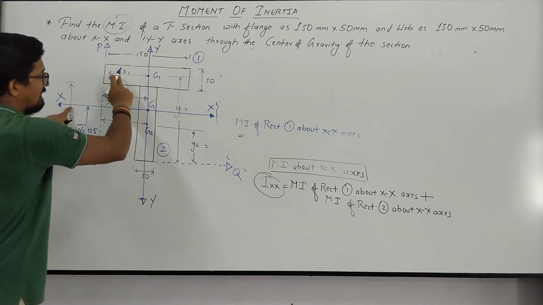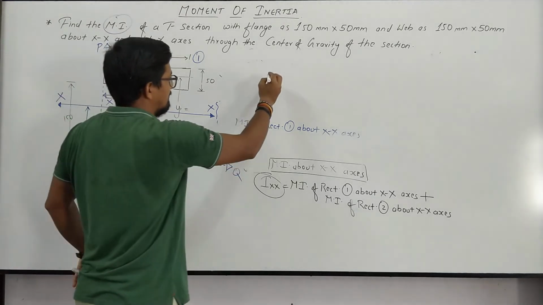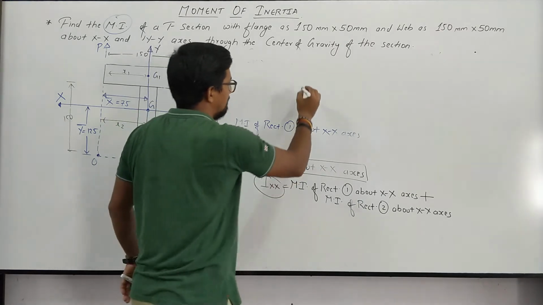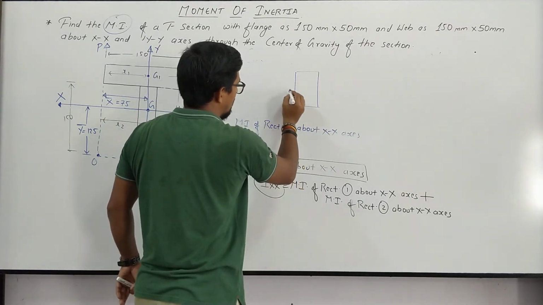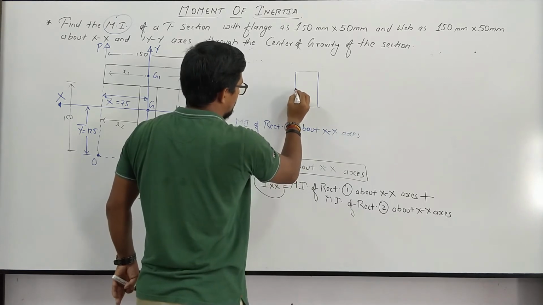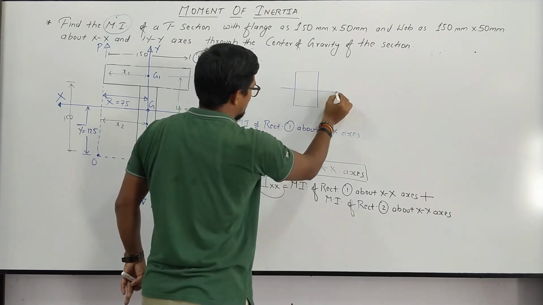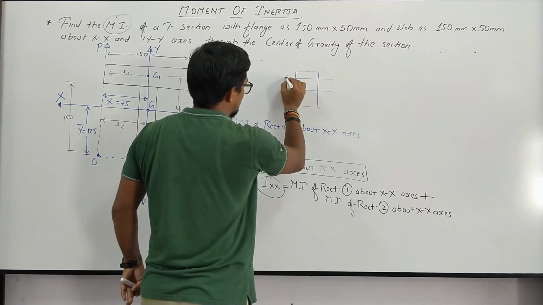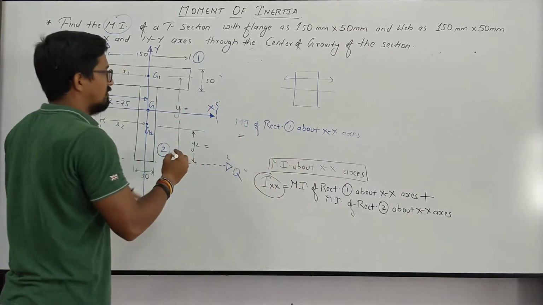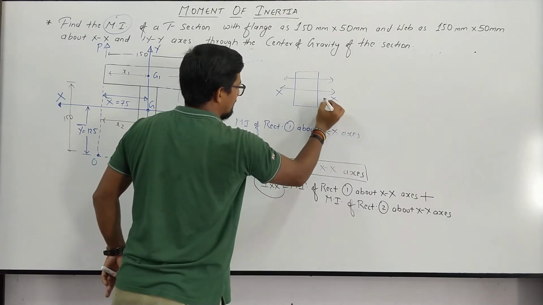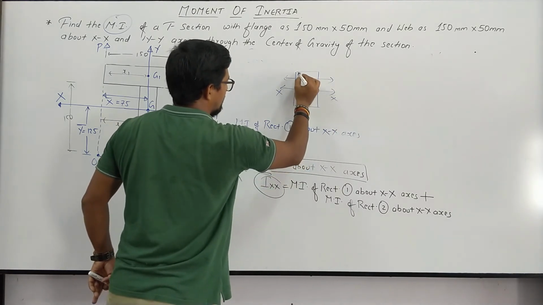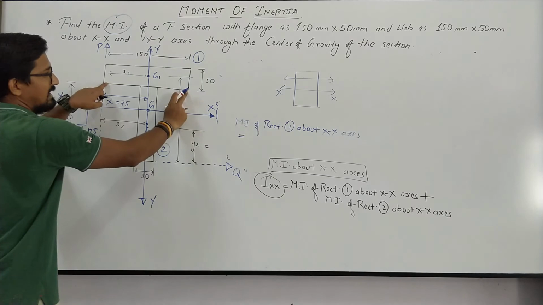Again parallel axis theorem will be used. Suppose this is the figure. This is the XX axis and this is another axis, so there are two axes which we have. This is the XX and this is the axis of the first rectangle, rectangle 1.